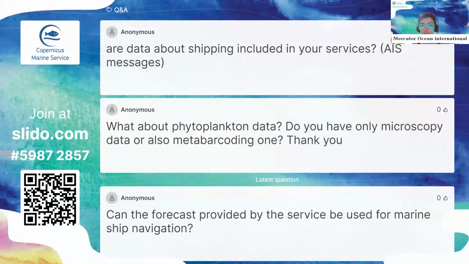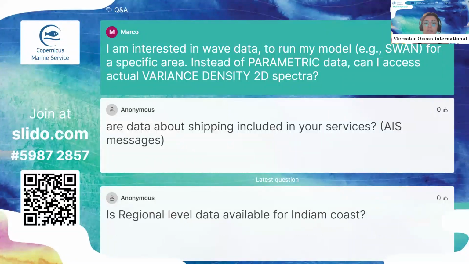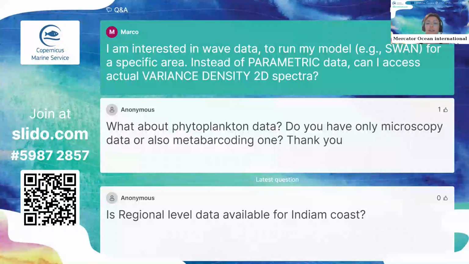Marco is interested in wave data to run his model for a specific area. He wants to know if he can access actual variance density two-dimensional spectra instead of parametric data. I don't have a precise answer for this. My advice would be to select which of the products you are most interested in regarding waves and then go through the product user manual.